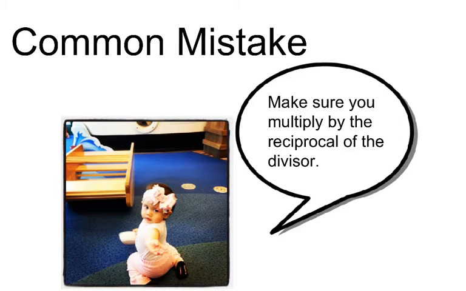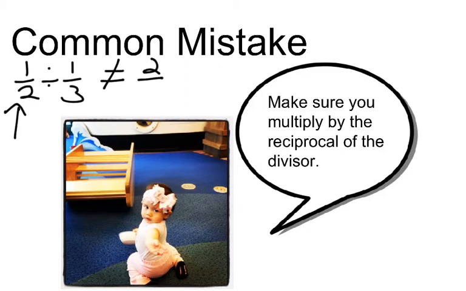So a common mistake is that students do not multiply by the reciprocal of the divisor. So if they have 1/2 divided by 1/3, sometimes instead of multiplying by the reciprocal of the divisor, they'll use the dividend.